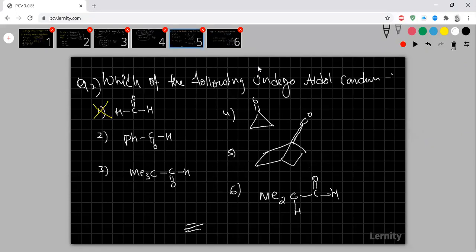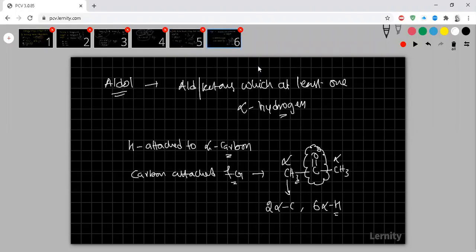Then this is not having any alpha carbon, so no alpha hydrogens. This also does not have any alpha hydrogens, because one more condition is there to know the alpha hydrogen. It must be an sp3 carbon, but here we are having an sp2 carbon.